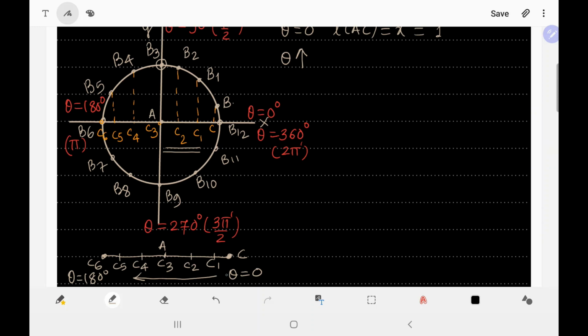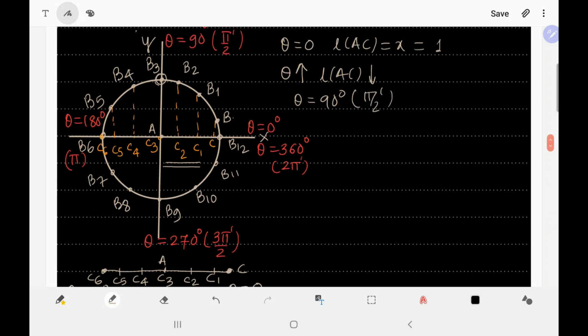So as theta increases towards 90 degrees, the C starts moving closer to point A. That means length AC starts reducing. Now at theta equals 90 degrees or pi by 2 radians, at this point we can see that length of AC becomes 0. That means the x coordinate of point is 0.